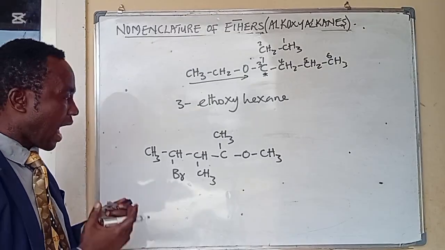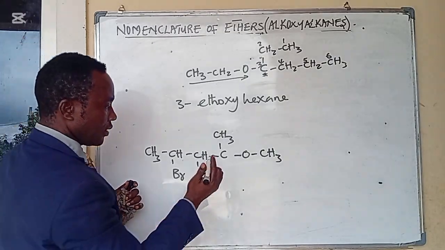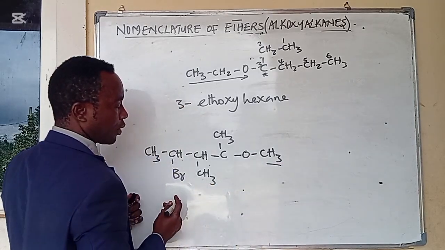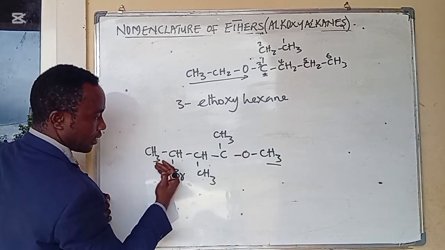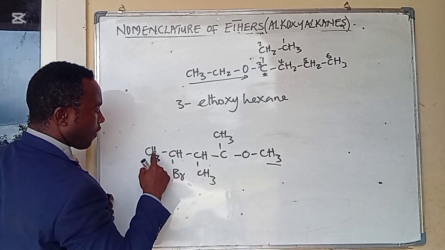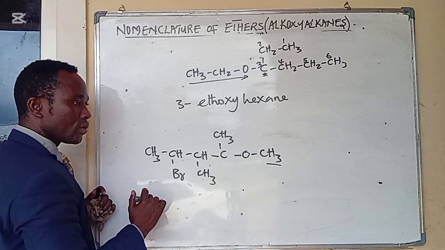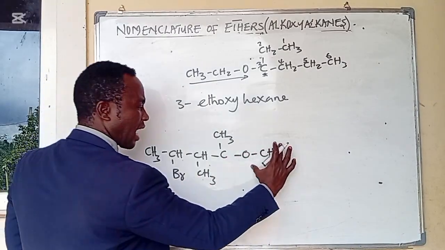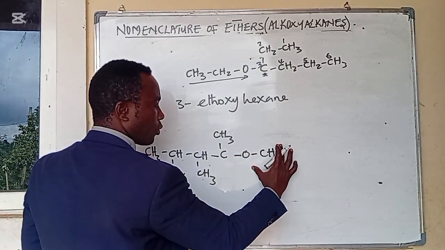Which one is the alkoxy? This part, after this O, this part, 1 carbon. Then from here, this side, how many carbons? We have 1, 2, 3, 4, 5, a total of 5 carbons. So you can see that the alkoxy is this side because you have the smaller carbon count.